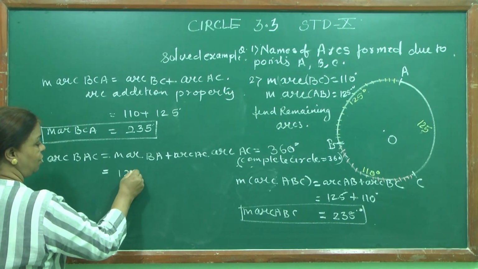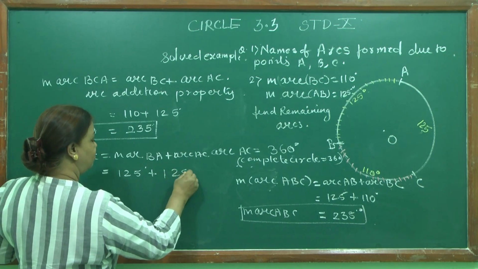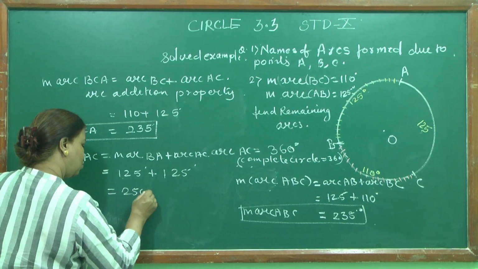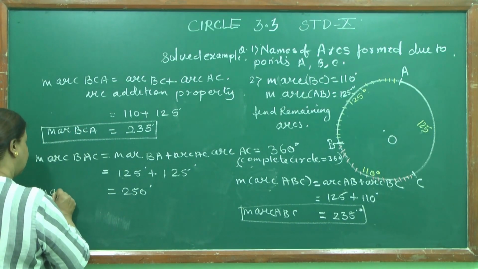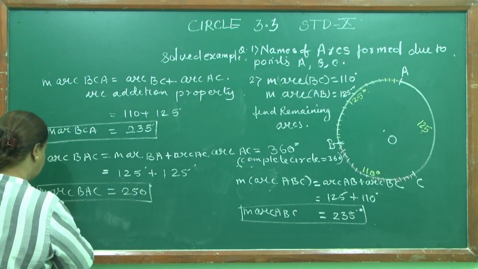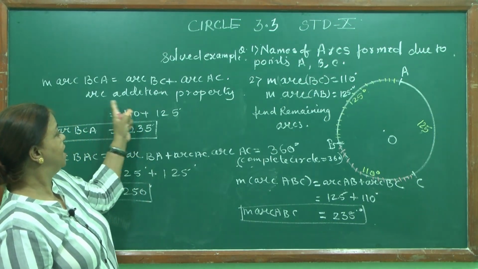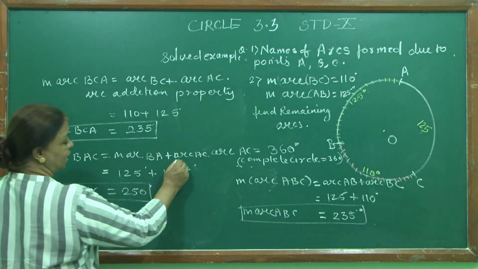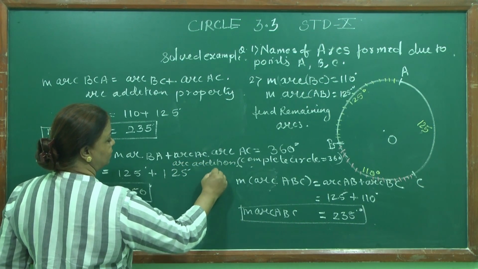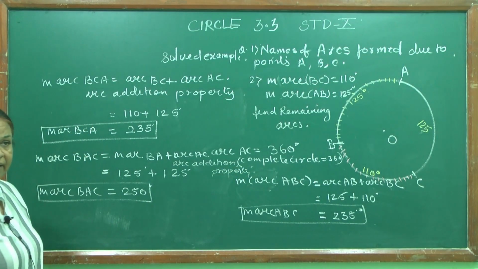BA is 125 degree plus AC is 125 degree, which is equal to 250 degree. So measure arc BAC is 250 degree. We can find so many arcs by using the arc addition property. Even here we have to write arc addition property. You can pause the video, children, and write down the sum.